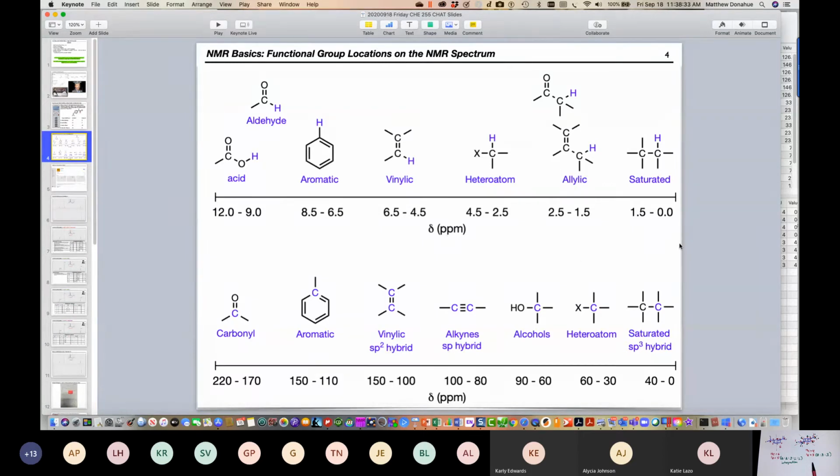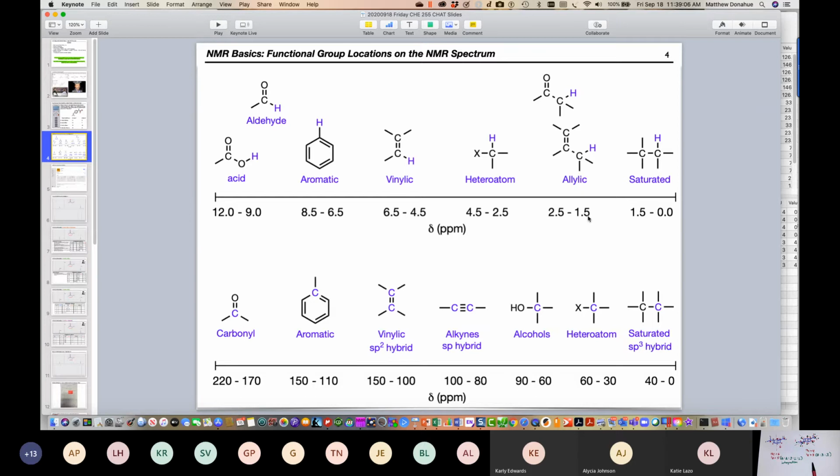So typically, when I read NMR spectra, I'm starting at this region at 0, and then I'm reading to the left. So why is that helpful? In this region from 0 to 1.5, that's your fully saturated carbon, your sp3 hybridized carbon bonded to hydrogen. That's where you'll see that sort of functional group occur.